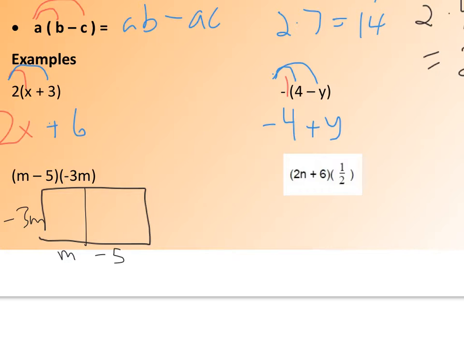Doing this allows us to find area instead of this abstract distributing thing. So what's the area of the leftmost box? Well, it's negative 3m squared. And the rightmost box is going to be positive 15m. So there's our distributed answer, negative 3m squared.